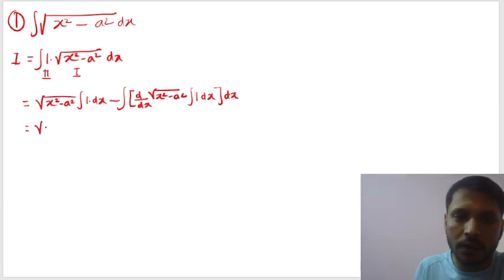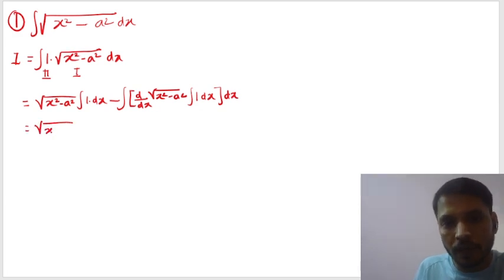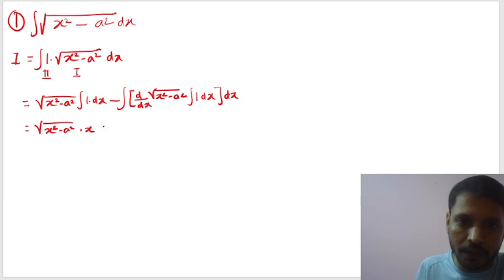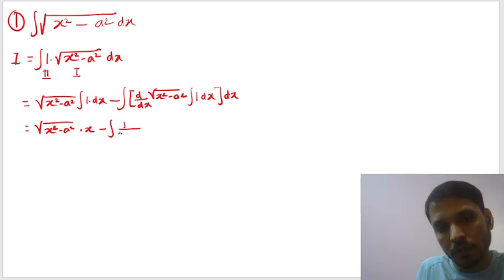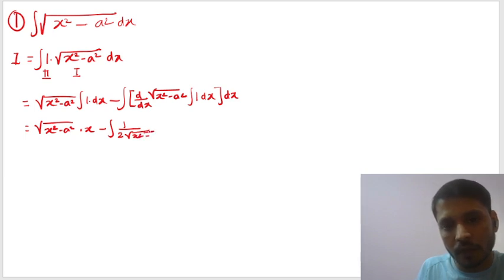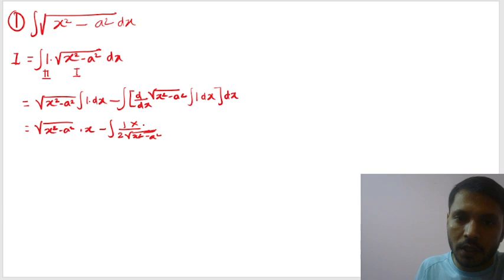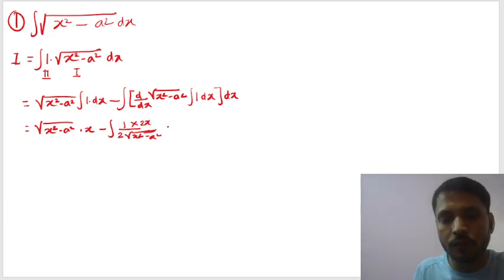Now here the first term is out of the integration only, so this will be as it is, and from here we will get x. And now inside, the derivative of under root of x square minus a square will become 1 by 2 times the root of x square minus a square, and by the chain rule, the differentiation of x square is 2x and a square will become 0, right?